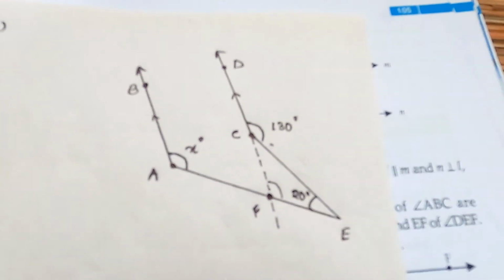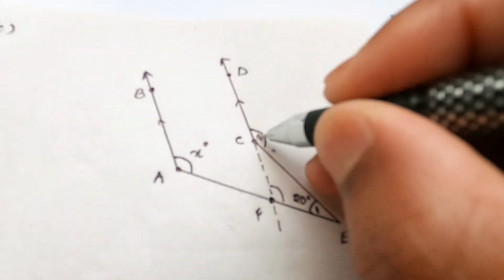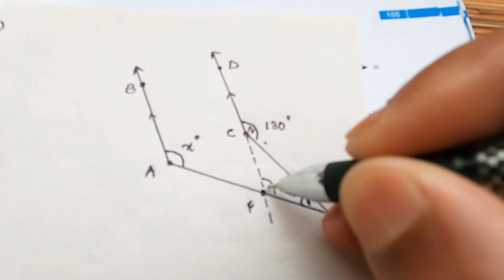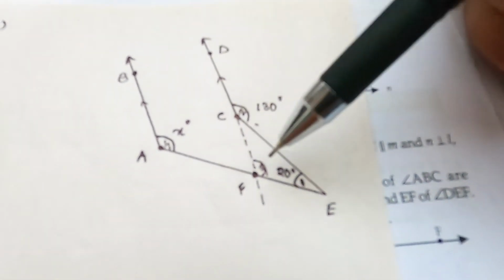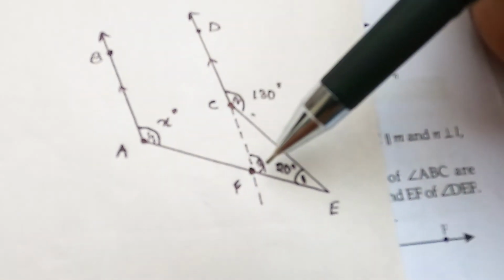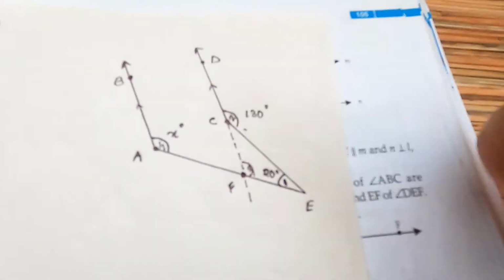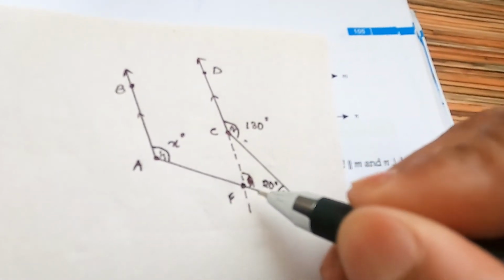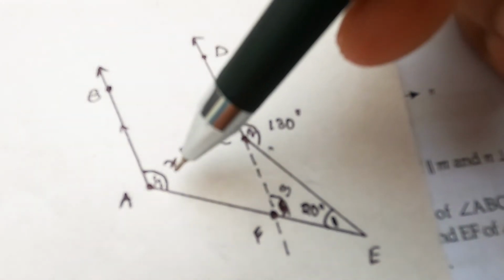We will name this as angle 1, this as angle 2, this as angle 3, and this as angle 4. Angle 4 and angle 3, what do they form? Corresponding angles. If only we could find the measurement of angle 3, then we would be able to find the measurement of angle 4.